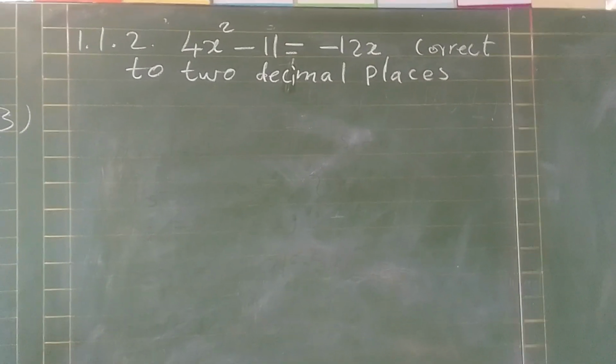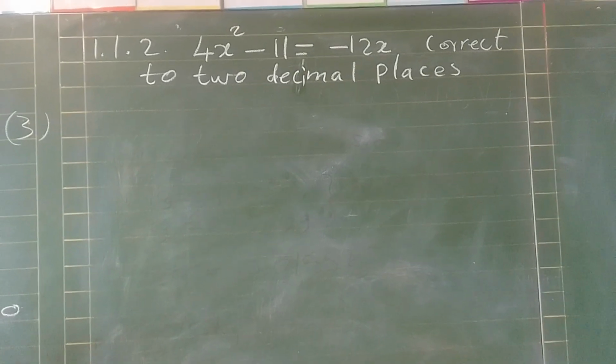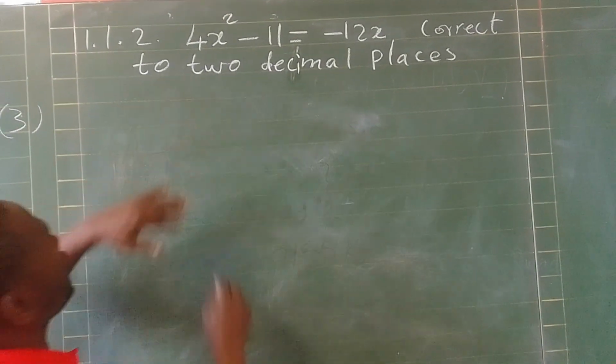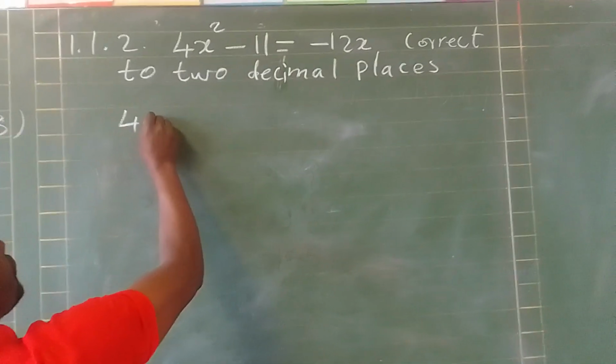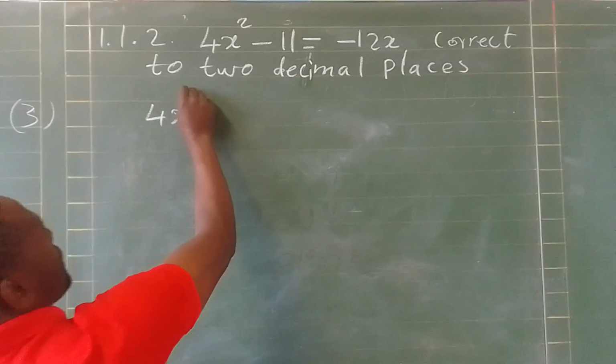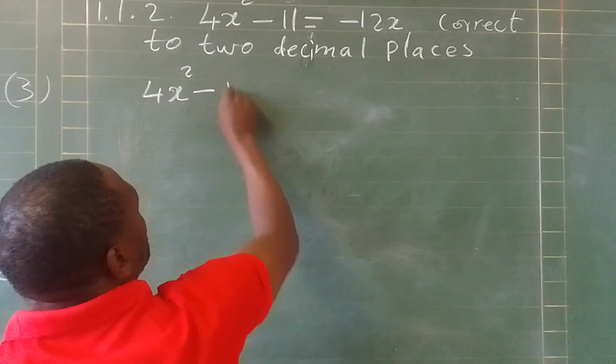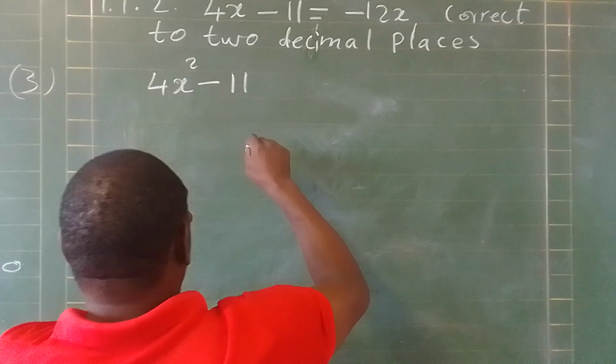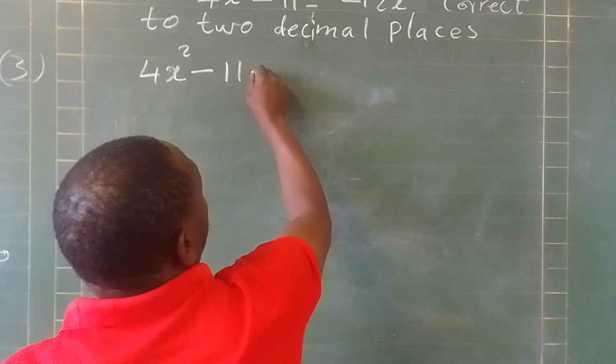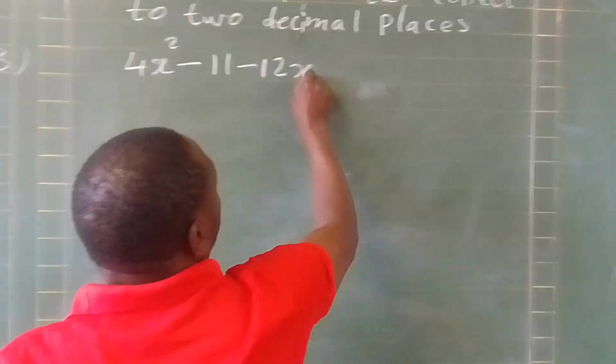Okay, if you are given something like this, you are going to rewrite it and check if it is a quadratic equation which can be factorized.